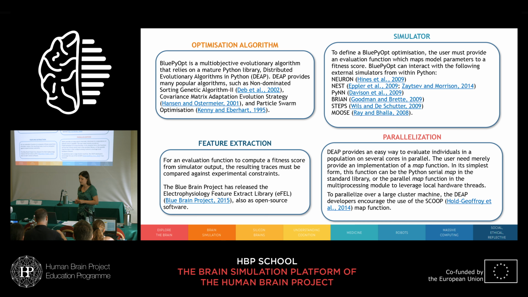The user must provide a map function. It can be the Python serial map in the standard library, or a parallel map function in the multiprocessing module to leverage local hardware threads. And for parallelization over a large cluster, the DEAP developers encourage the use of SCOOP.